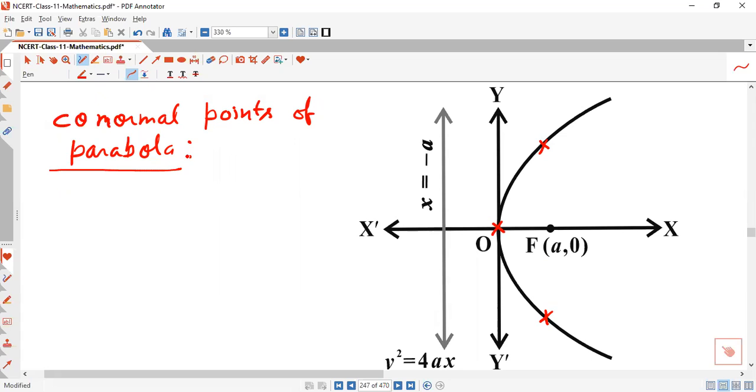Let's say we have 3 points, P1, P2, and P3. If we draw the normals, they are concurrent. I will draw the normal at this point, the normal at this point, and the normal at this point also.